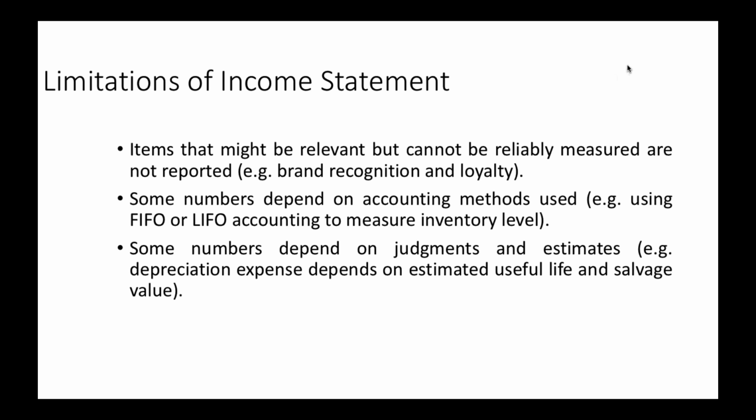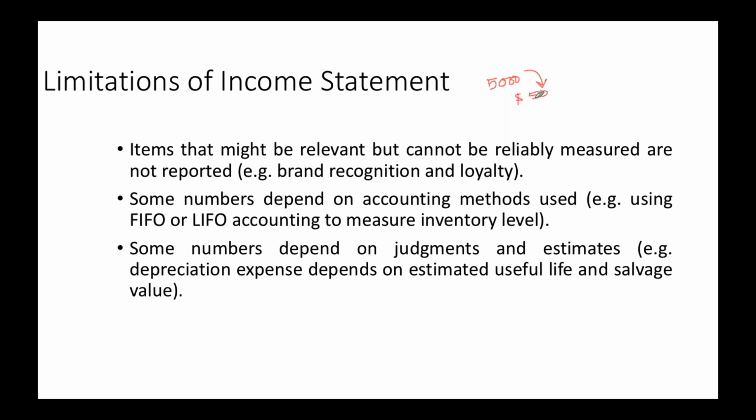Limitations of income statement include the items that might be relevant but cannot be reliably measured. What does it mean? Say for example, in my previous example, I said that we sold 5,000 pieces at the rate of $50. This is only a monetary issue.